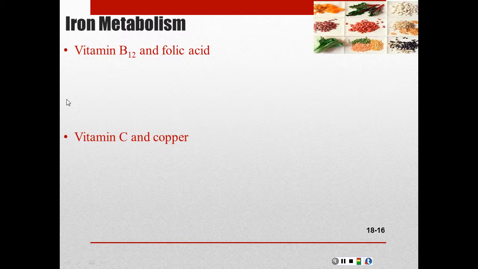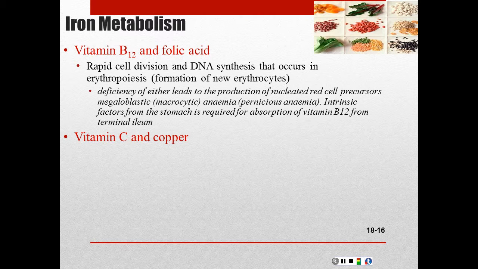Now, other nutritional requirements for erythropoiesis include vitamin B12, folic acid, vitamin C, and copper. Vitamin B12 and folic acid assist with the rapid cell division and DNA synthesis that occur in erythropoiesis.